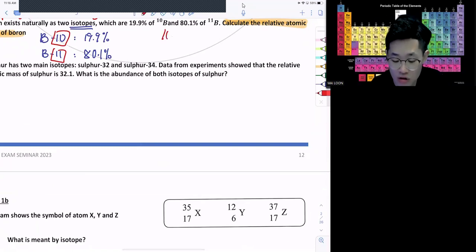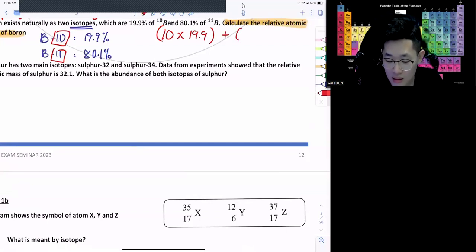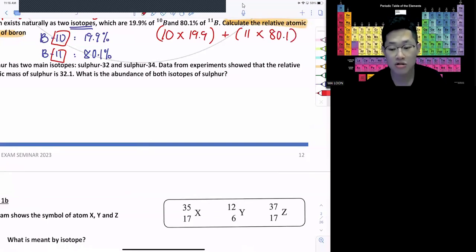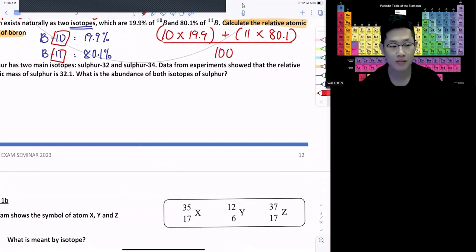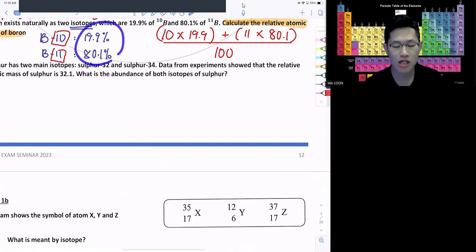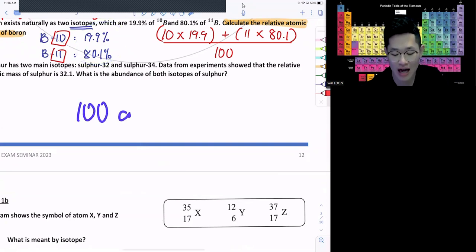All you have to do is use the number times the percentage, and then you divide the total by 100. So this information is kind of telling you that I have 100 atoms now.